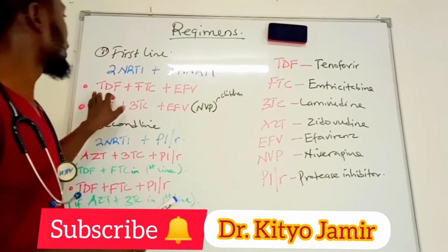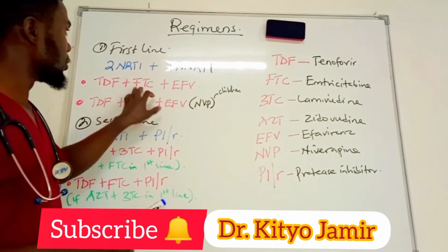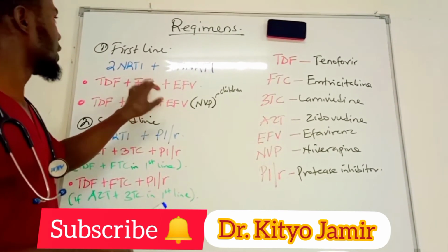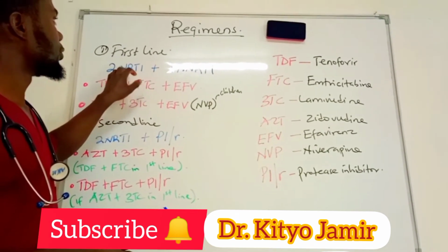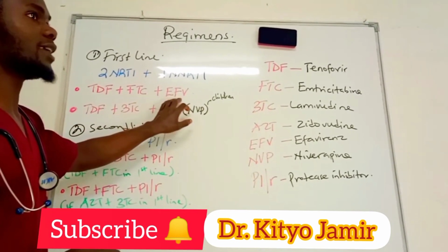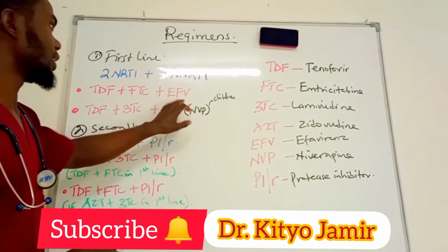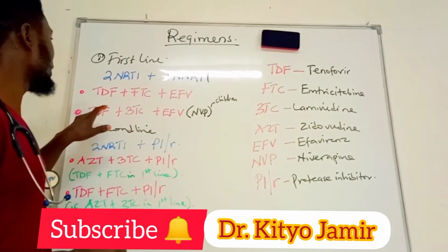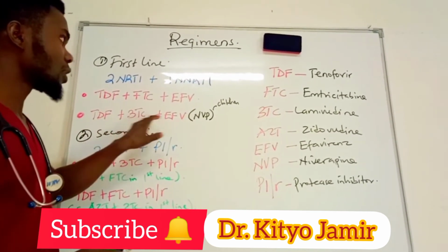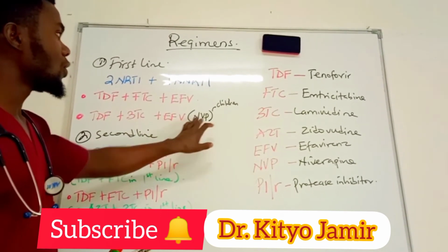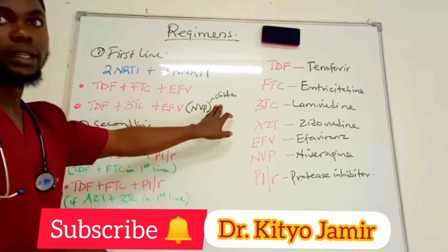We can have tenofovir plus emtricitabine, these are two nucleoside reverse transcriptase inhibitors, and efavirenz, which is a non-nucleoside reverse transcriptase inhibitor. Then we have tenofovir and lamivudine plus efavirenz, or nevirapine in children.